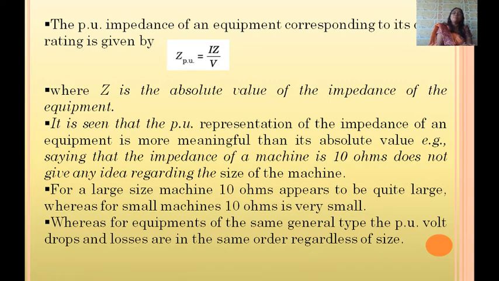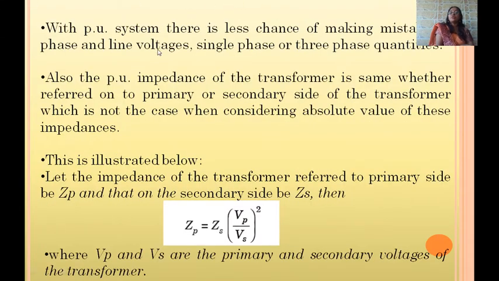So per unit representation is important because the absolute value will not tell you the actual size of the machine. With the per unit system, there is less chance of making mistakes in the phase and line voltages, single phase or three phase quantity. Another advantage of the per unit system is that there is less chance of making mistakes in phase and line voltages, and single phase and three phase quantity.